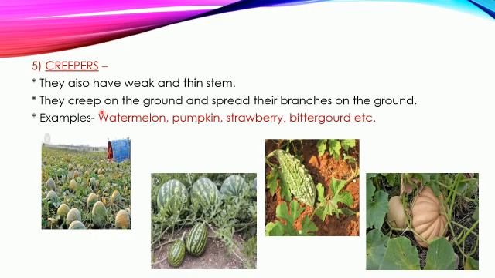Grass is also a creeper. So we saw that there are 5 different types of plants: the herbs, shrubs, trees, climbers and creepers. And here this chapter comes to an end. The content part, the explanation part of this chapter, is completed now.